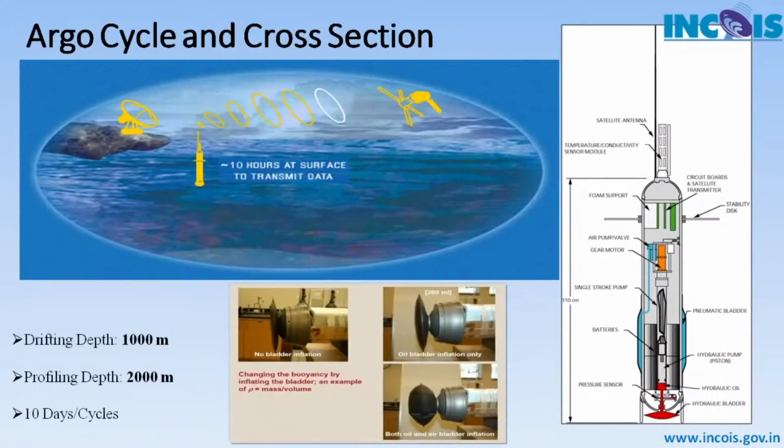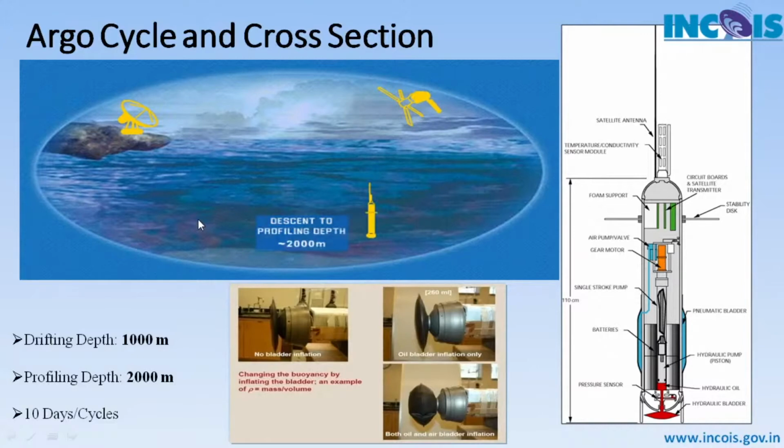So this picture gives an idea how exactly the float works. This is a cross section of the float, how it looks like, and also how the float functions. Once deployed, the float sinks to a predefined depth, which we call the profiling depth or parking depth, and sometimes the profiling and parking depths are distinct for different floats, but sometimes it is the same.